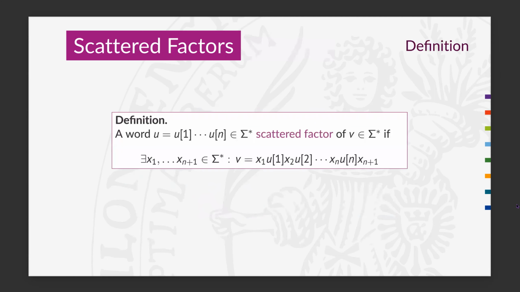Formally, if you want to have a scattered factor u with the letters u_1 to u_n, then you can put other words, possibly empty, around these letters, and then u is a scattered factor of v.